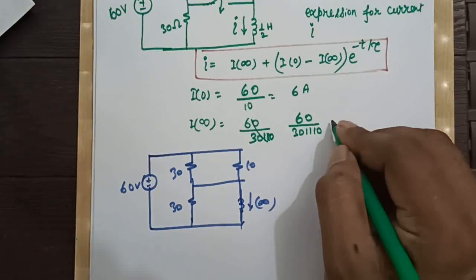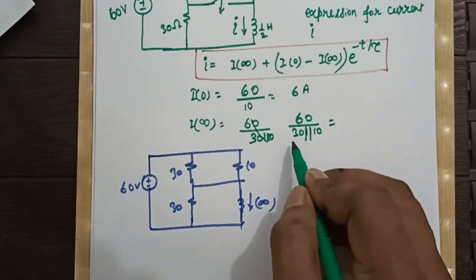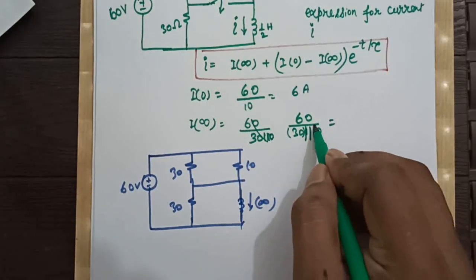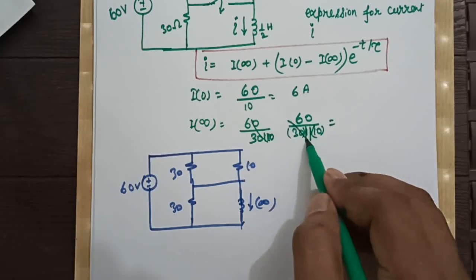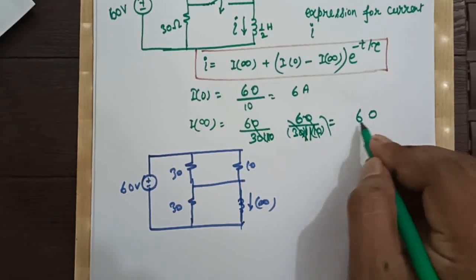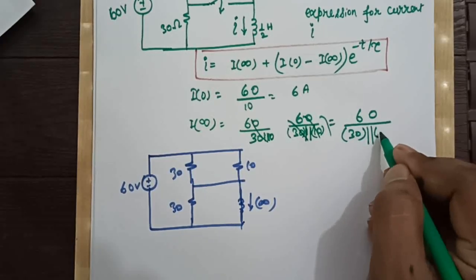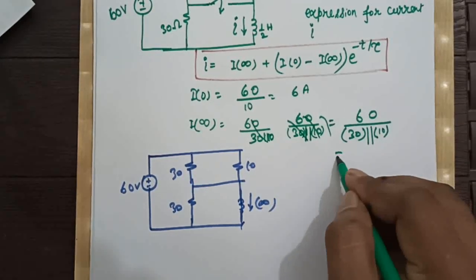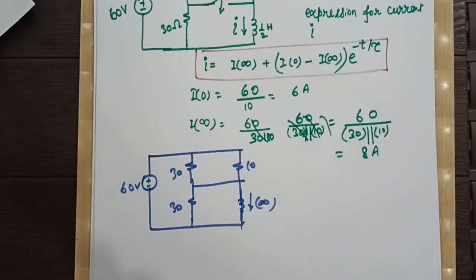After calculating this parallel combination, don't get confused, this is the parallel combination of 30 and 10. Now let me write it clearly. 30 parallel to 10. After calculating this, it comes out to 8 ampere.